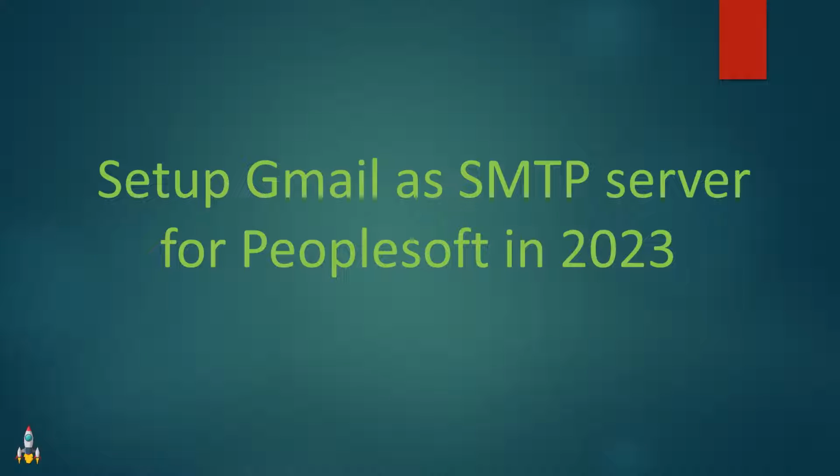Today we are going to discuss how to set up Gmail as your SMTP server for your PeopleSoft system in 2023. We know that in a PeopleSoft system we can send email using PeopleCode with the help of send email functions or with the help of the delivered application package program.